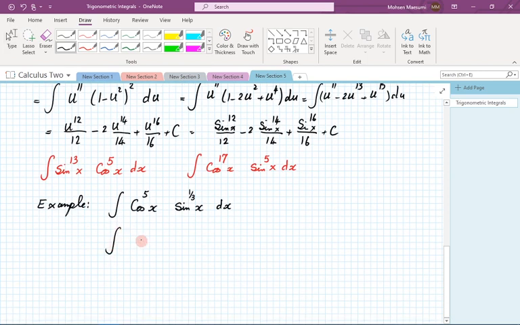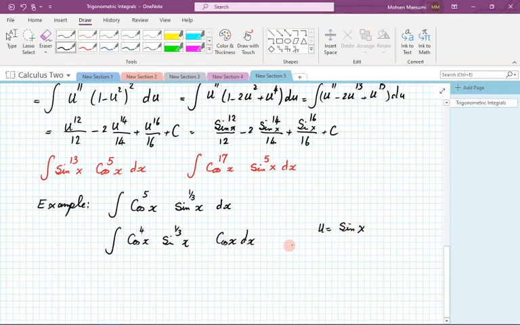So I separate one cosine, cosine of x dx, I keep that for my differential. I'll have cosine to the power of 4x, and then sine to the power of 1/3 x, and again I introduce my u to be cosine of x. Excuse me, of course I need u to be sine of x. Why?